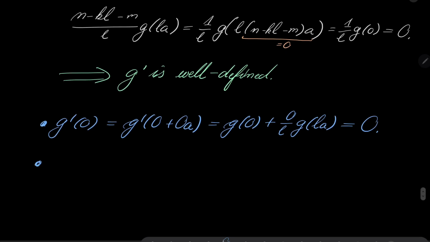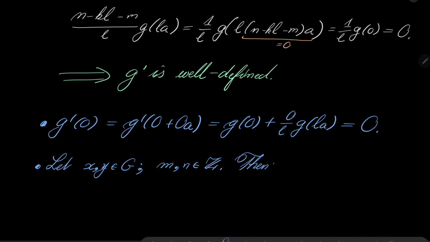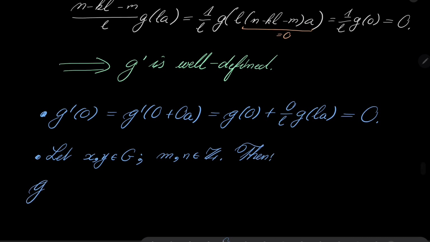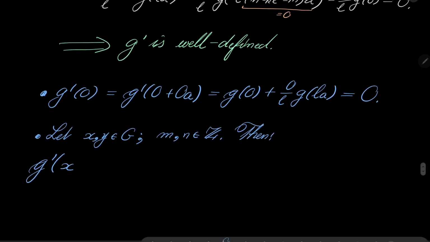And now, let x, y be in our group G. Let m and n be any integers. Notice that then we have the following: g prime of x plus ma plus y plus na.